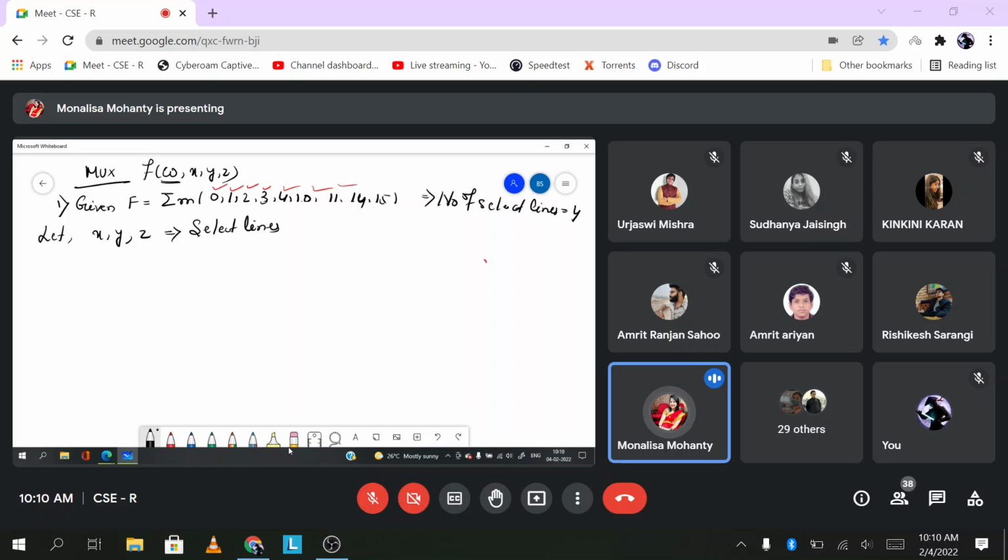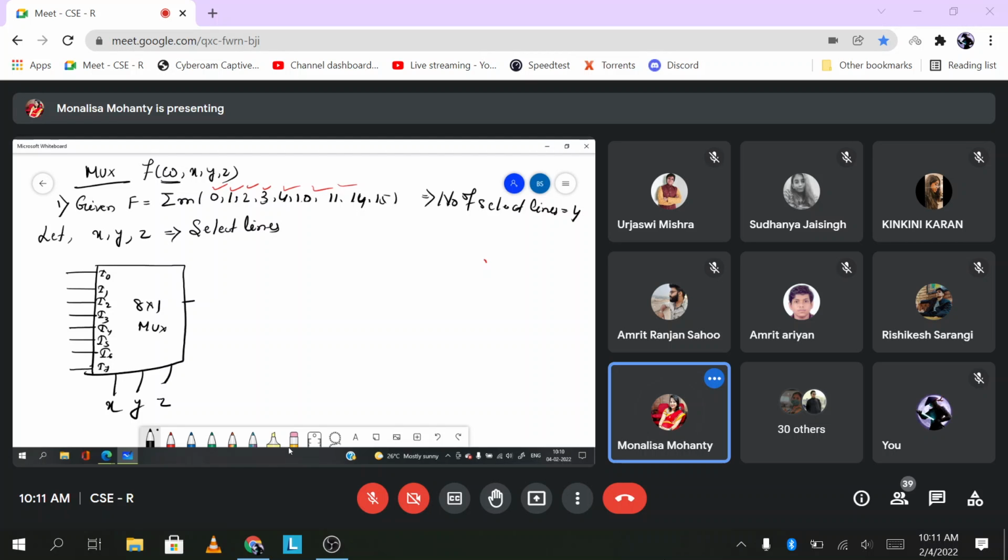So we will first take a mux whose select lines are X, Y, and Z. The rule says if you are having 3 select lines, you should have 2 to the power 3, that is total 8 input lines. So it is I0, I1, I2, I3, 4, 5, 6, and 7. So it is the 8 cross 1 mux. This is the output F.